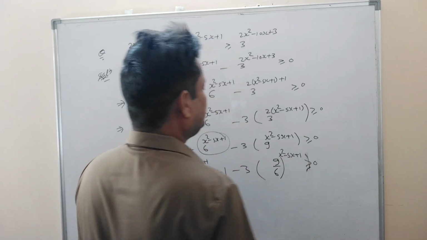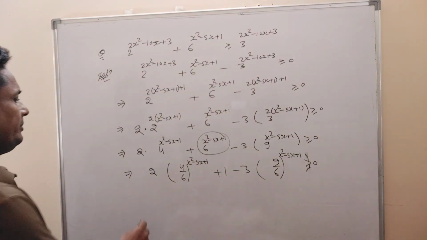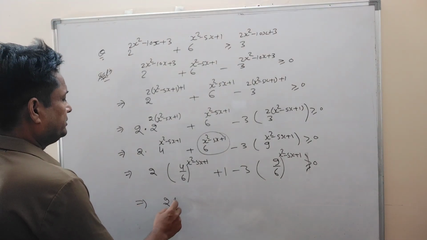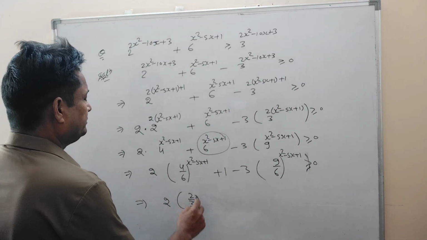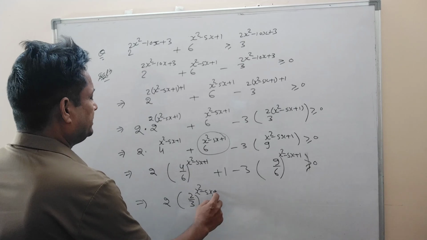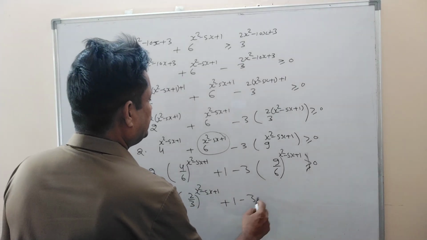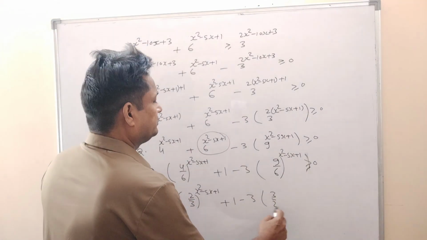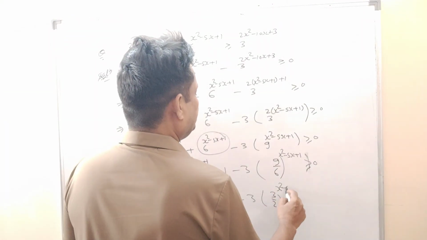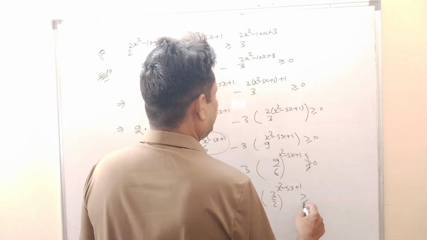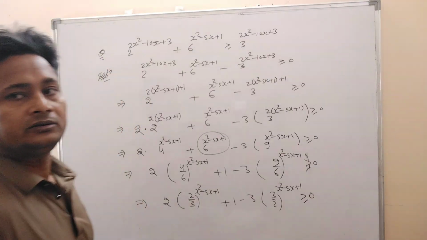This is greater than or equal to 0, right? So this will be 2 times 2 by 3 to the power x square minus 5x plus 1 minus 3 times 3 by 2 to the power x square minus 5x plus 1 greater than or equal to 0.